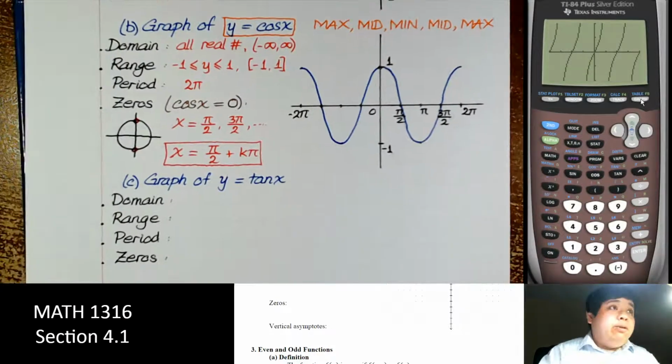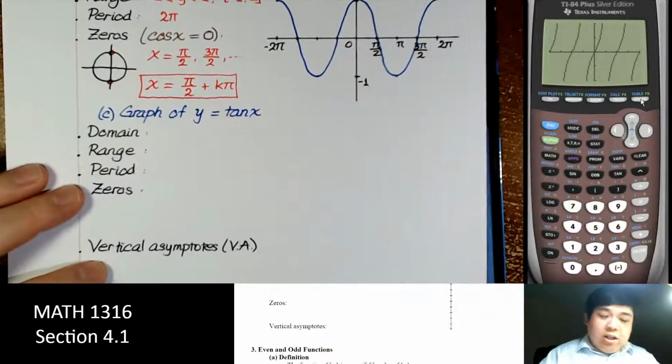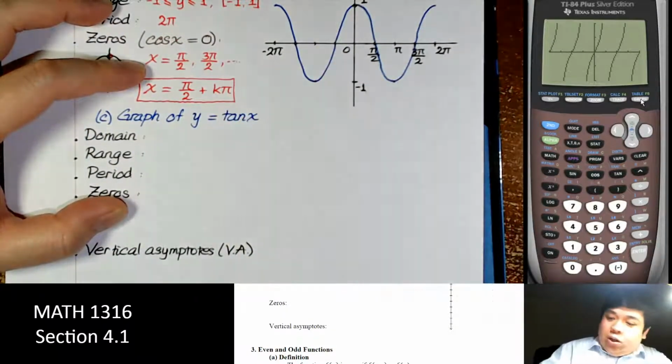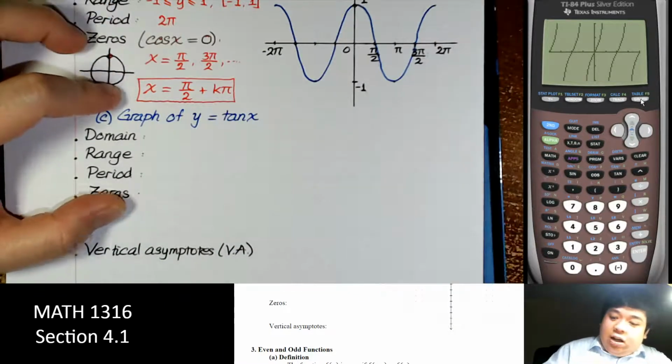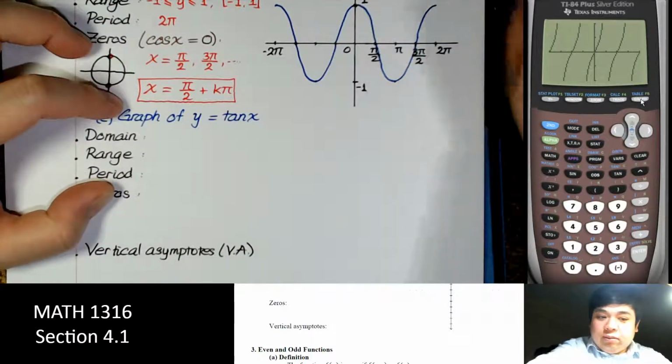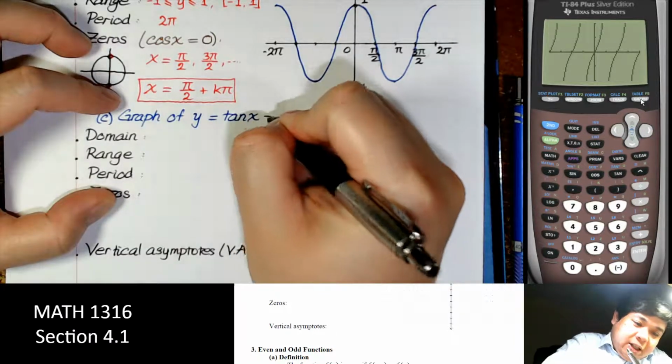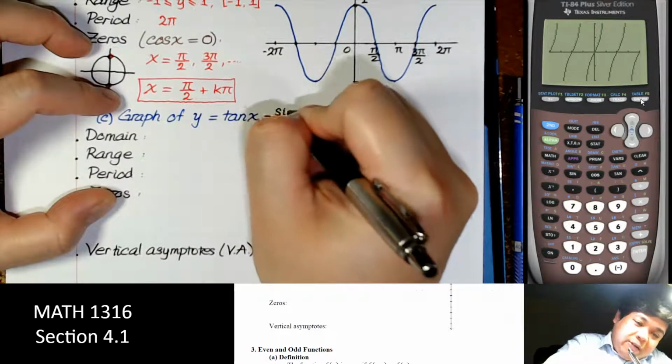But the first thing when we write y equal to tangent is that tangent is sine over cosine, right? We always have that.